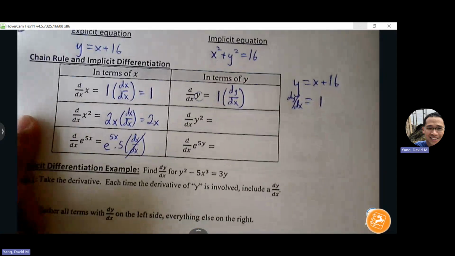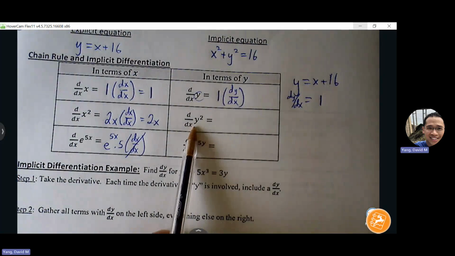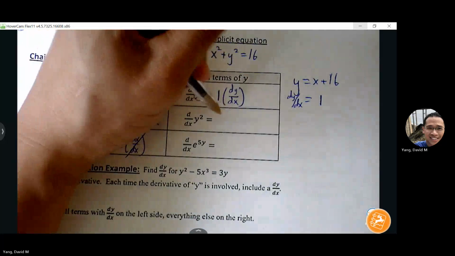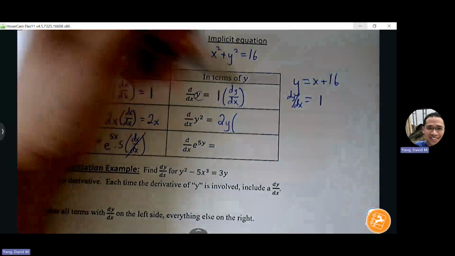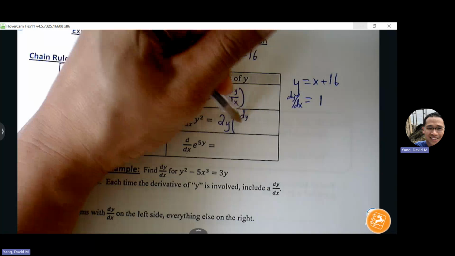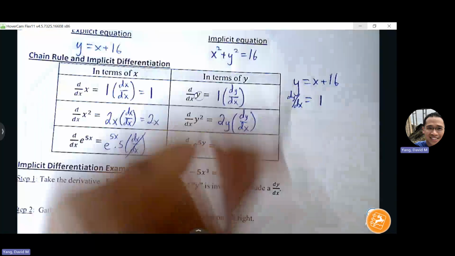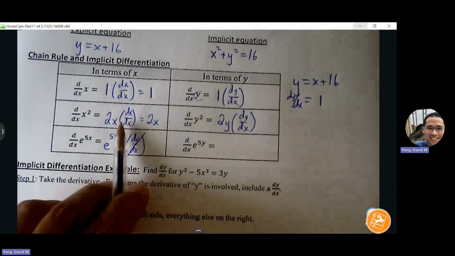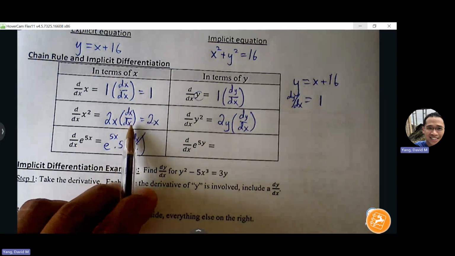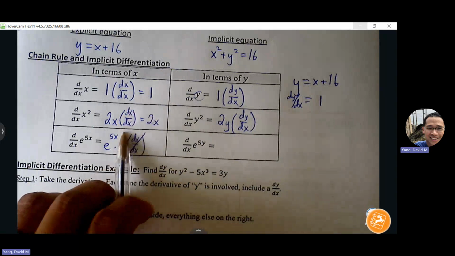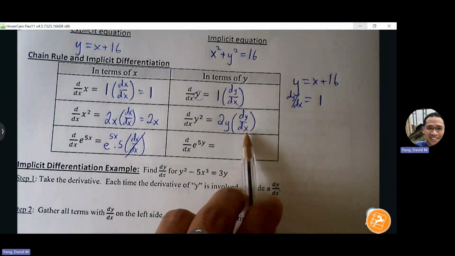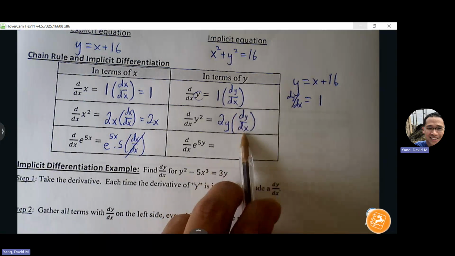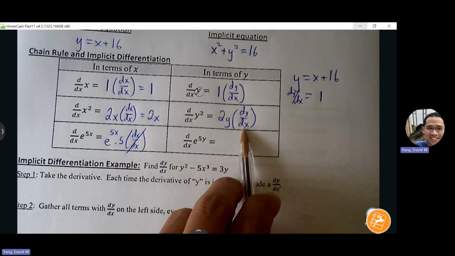So if I want to find the derivative of y squared, well, what's y squared's derivative just by itself? 2y, right? And we're going to attach dy dx, because we're asking for y's derivative with respect to x. Before, if we found the derivative of x with respect to x, it just cancels out. But the derivative of y with respect to x, these are two different variables. We have to keep track of that. That is a derivative variable here.